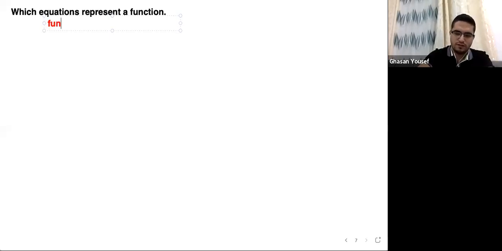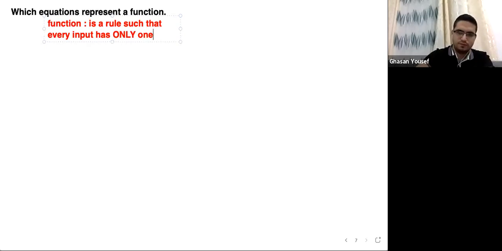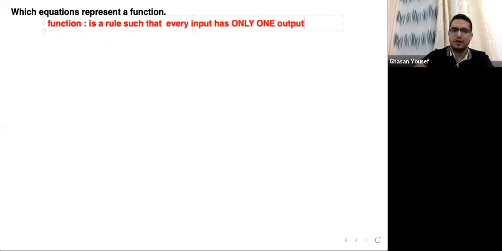So the function is a rule, like we said, a rule such that every input has only one output. This means every input has only one output. Okay.